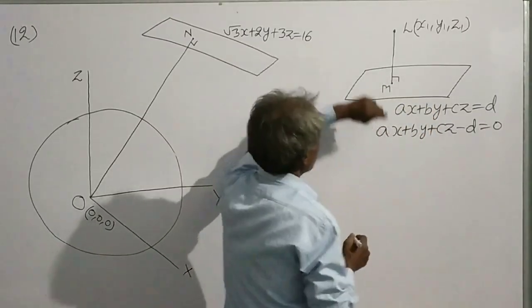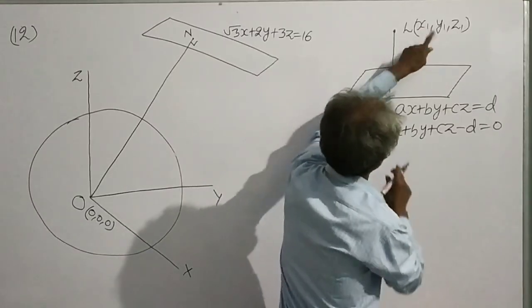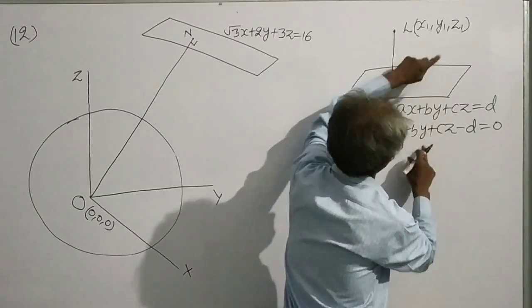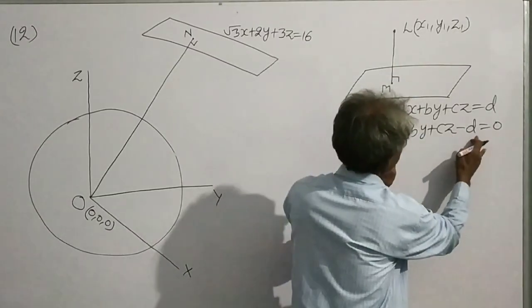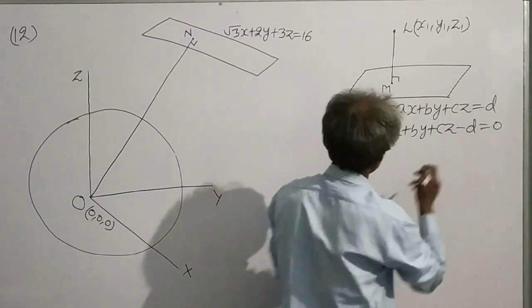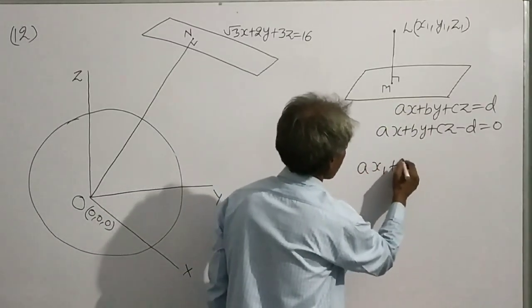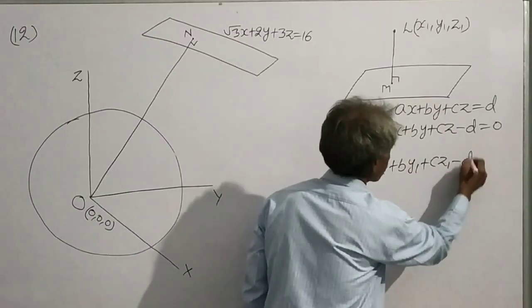Now we put the x coordinate of this point in place of x, the y coordinate in place of y, the z coordinate in place of z in the LHS of this equation like this: ax1 plus by1 plus cz1 minus d.